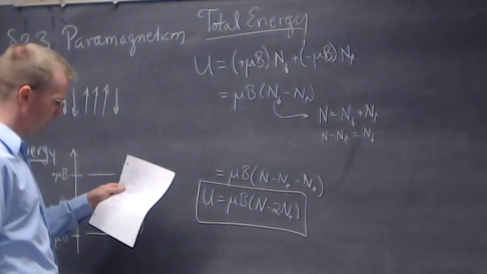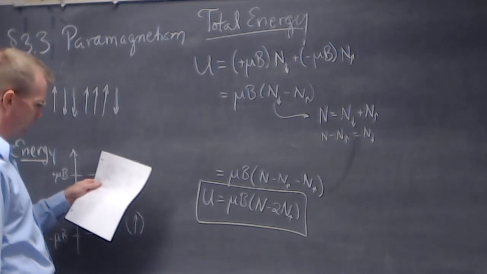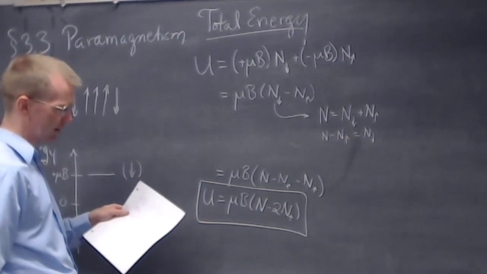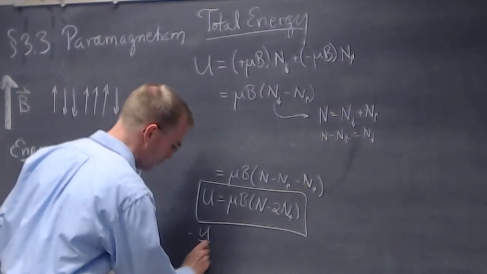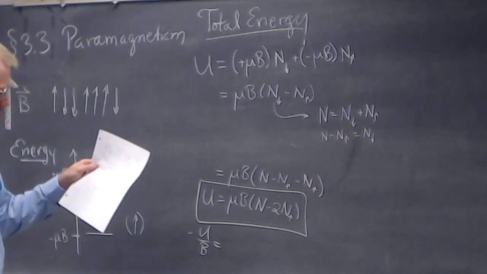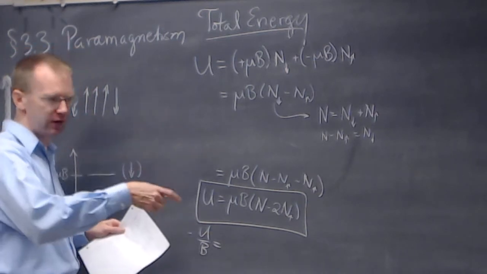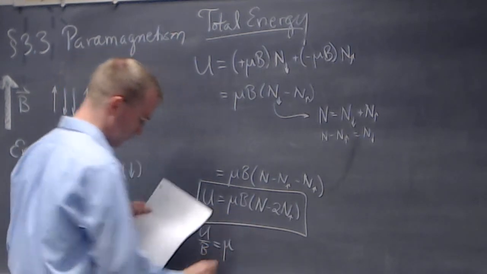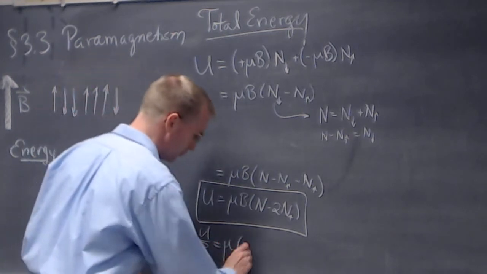Let's solve for, if I divide both sides by negative b, so negative U over B equals, well, once I take care of the minus signs going through, I come up with mu times 2 n up minus n.